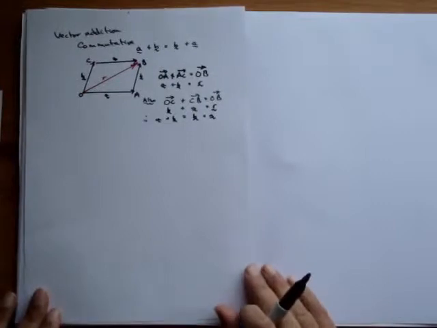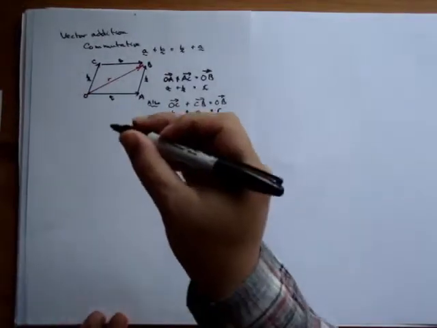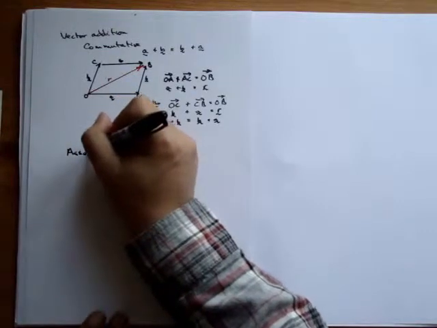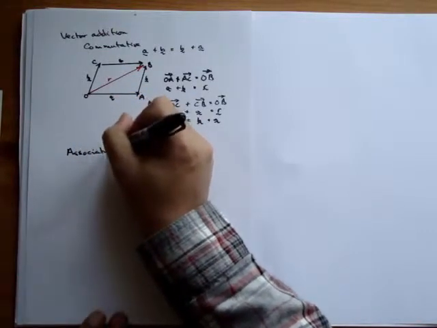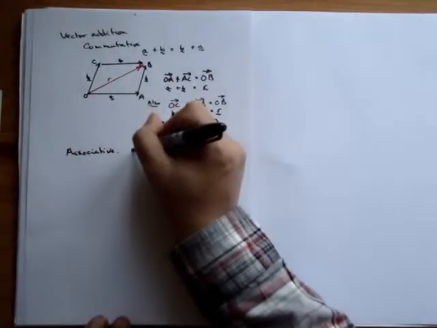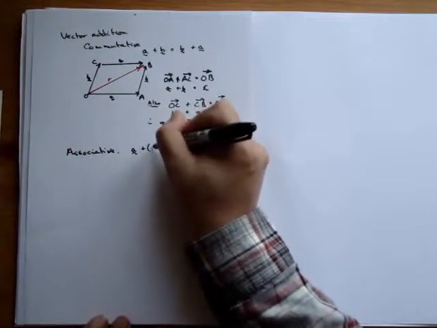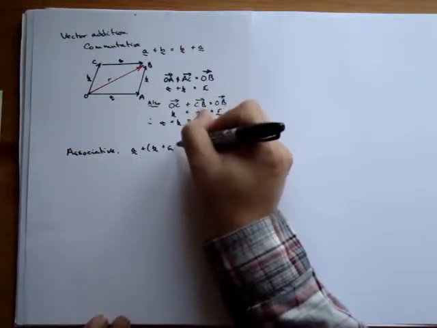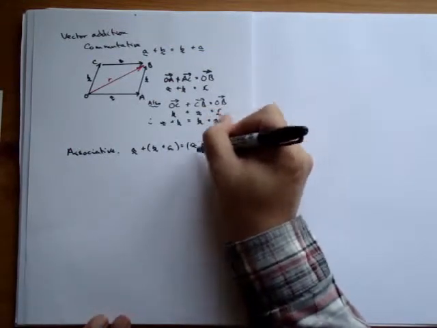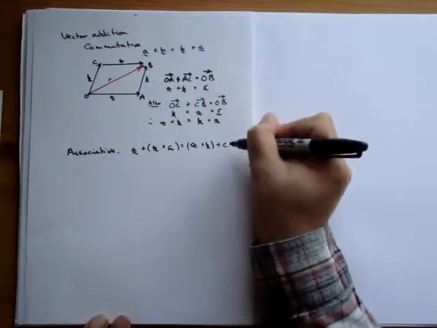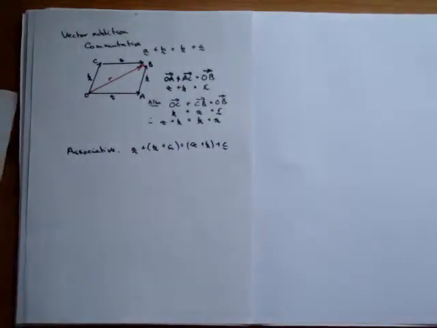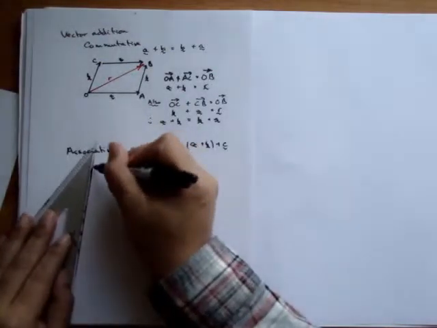Similarly, we can show that vector addition is associative. And what do we mean by that? So here we mean that if we have A plus B plus C, this equals A plus B plus C, with the grouping changed. And again, we can prove this by drawing our parallelogram.